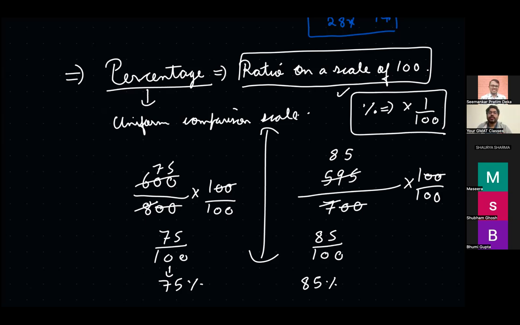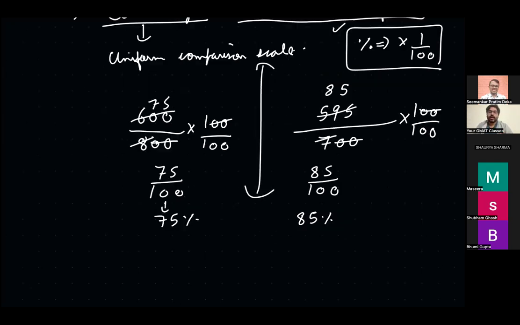So now I can clearly say that 85% is better than 75%. Is this clear to everyone, class? Yes or no? So the objective of percentage in general is to have a uniform comparison scale.